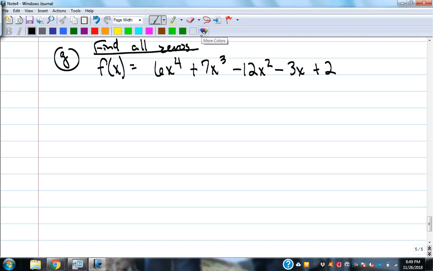Remember, zeros are the same thing as x-intercepts. That's going to be handy in a little bit. The first thing we want to do is list our rational zeros. That doesn't mean that these will work, but the proper term, I guess, would be possible rational zeros that we could get there.